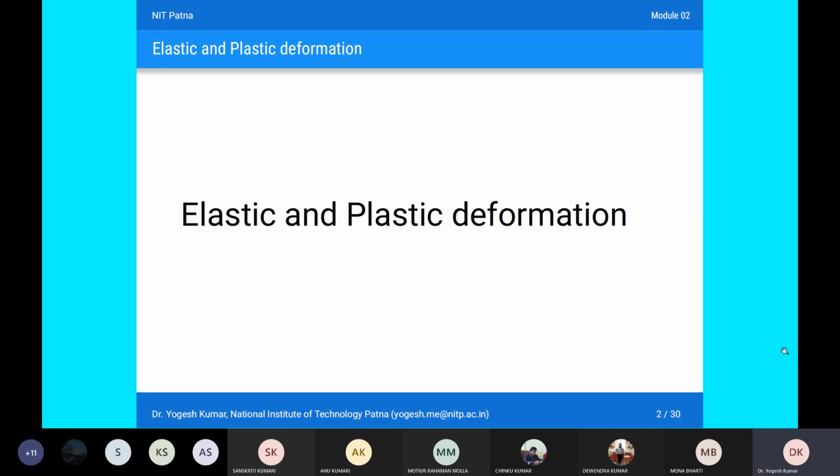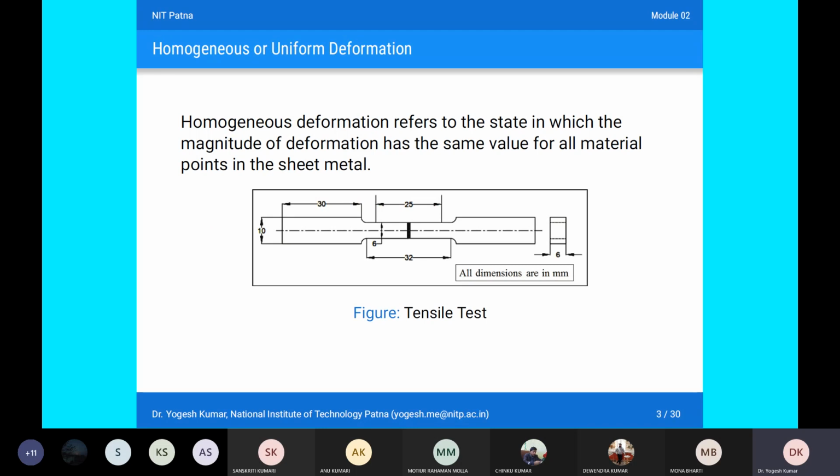You might be aware of how the tensile test is carried out, and what the outcome of your tensile test is. You might be aware of homogeneous deformation, or maybe it is a new term.